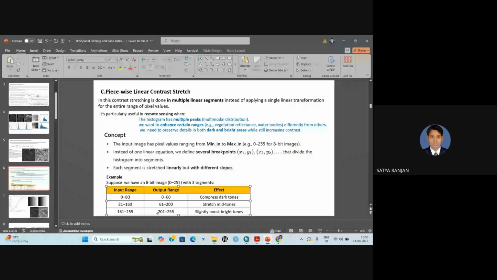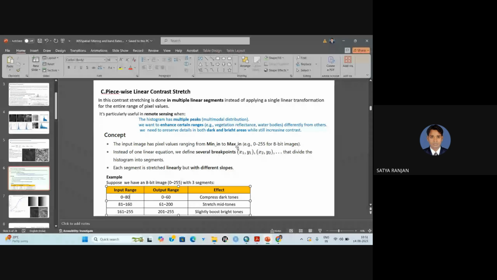Then 160 to 255 is converted to 200 to 255. Values nearer to 255 are brighter, so the result is gradually brighter. The input minimum is 160 and the output minimum is 200, so it looks like slightly brighter tones. This is how they are categorized.